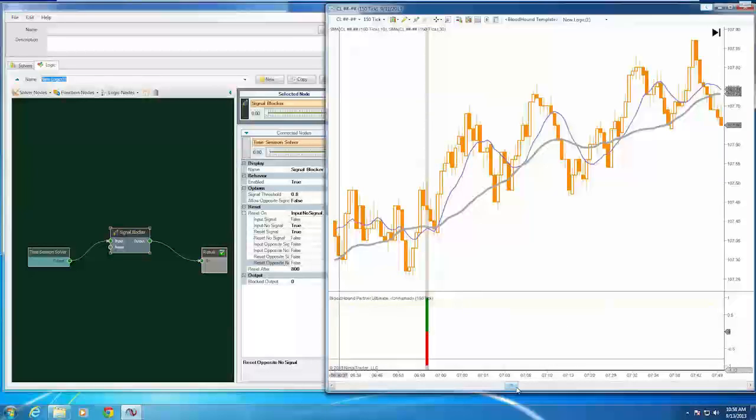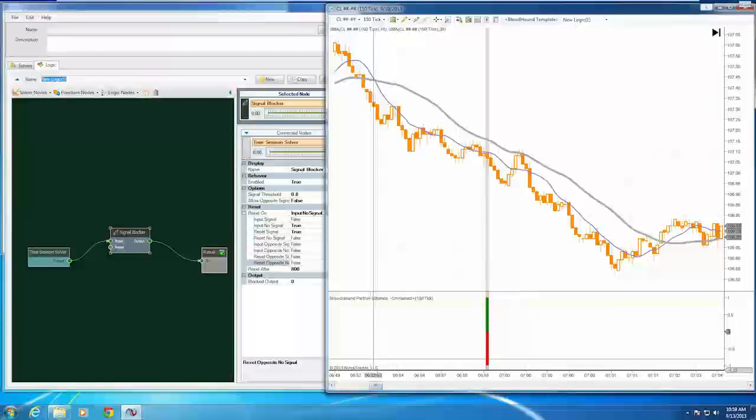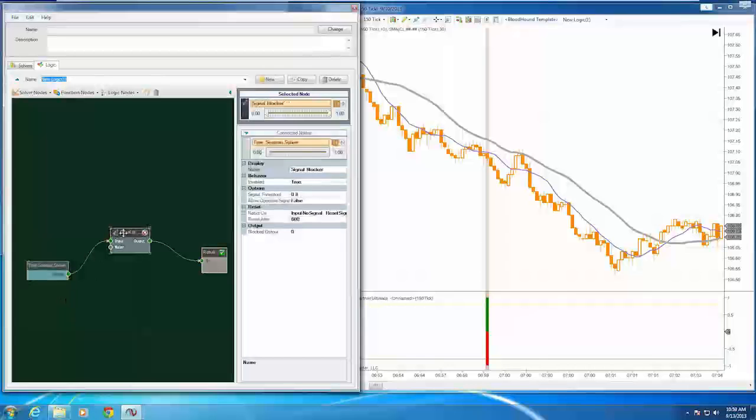I don't particularly like that, but you can do it that way. Another way to do this, as I was saying, is possibly to use the toggle node instead. Let me think that over before I go ahead and do that, if that's possible.